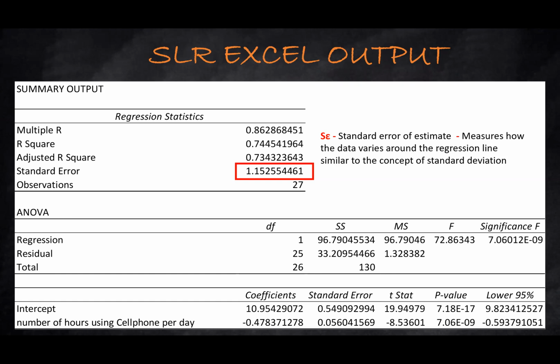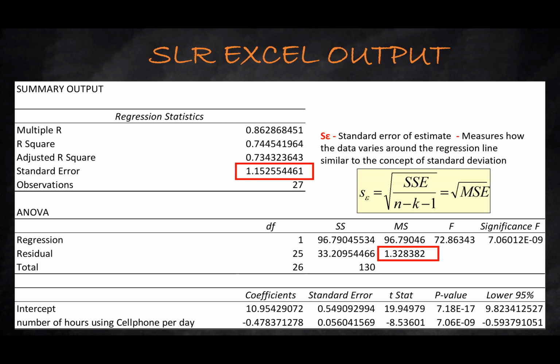We usually compare this value to the average of y, and determine if it's considered small enough if the S epsilon, the standard error of estimate, is less than y bar, the average of y. You can calculate the standard error of estimate by taking the MSE in the ANOVA table and its square root.